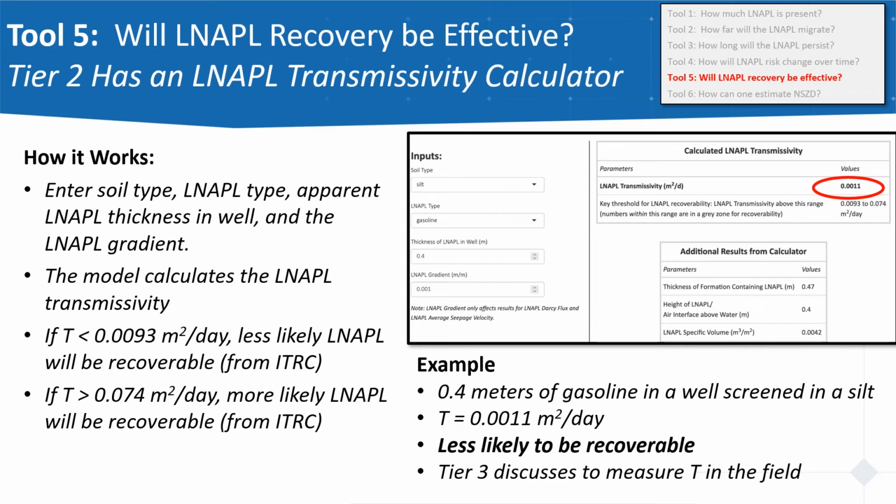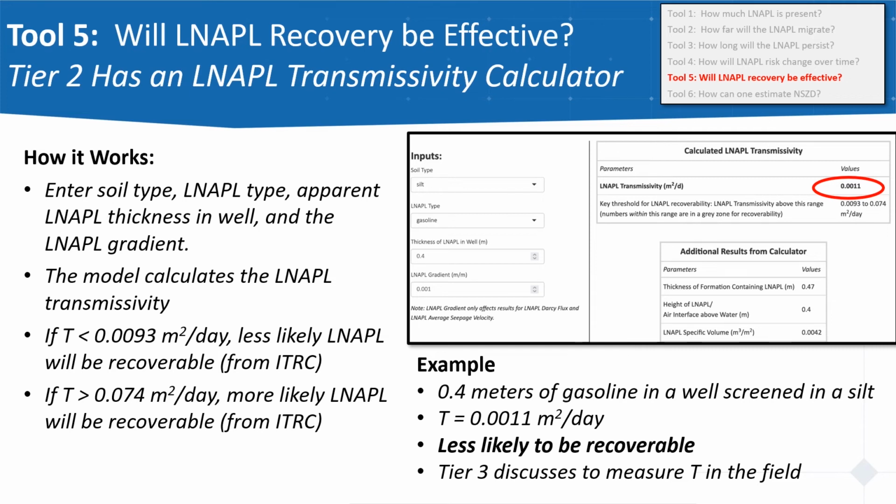And so the way this model works, another calculator in here for Tier 2, is you enter the soil type, the LNAPL type, the apparent LNAPL thickness in a well, and this LNAPL gradient. Then the model calculates this LNAPL transmissivity. And so then you compare it to some of these key metrics that are, again, from this ITRC group in the US.